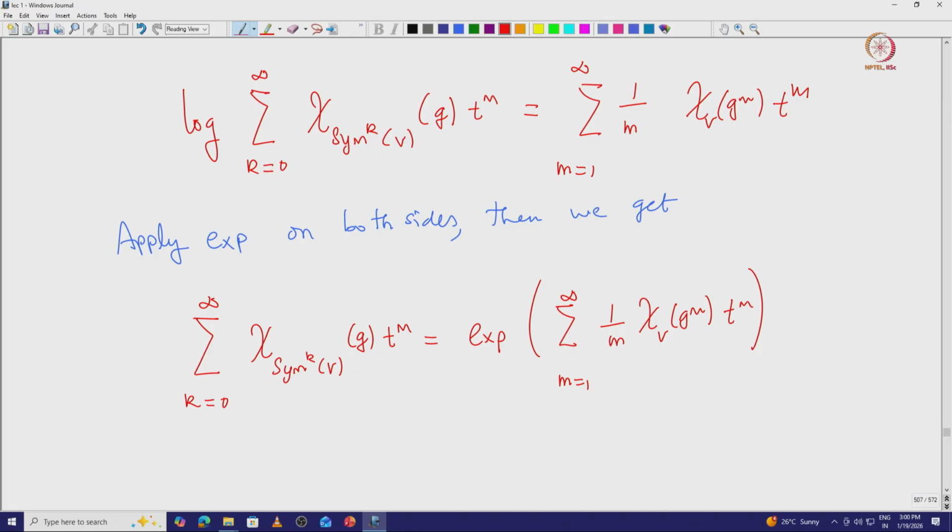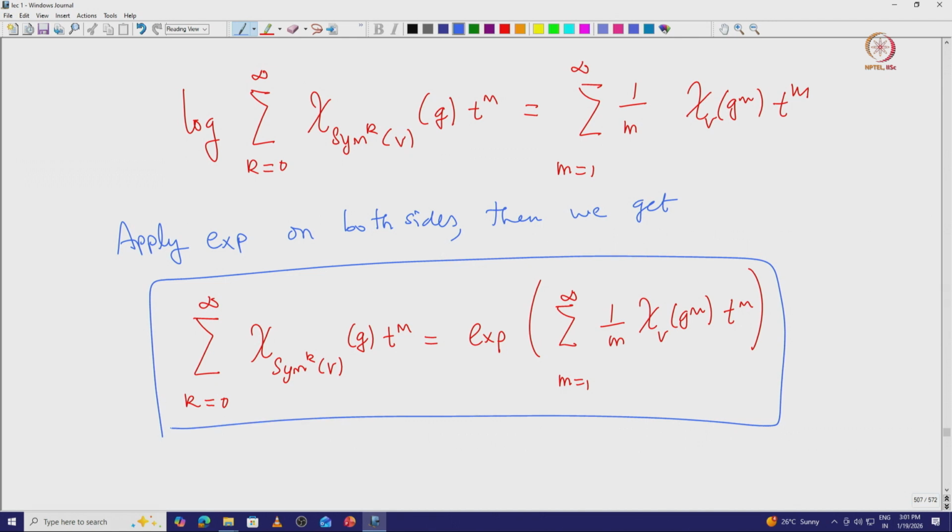And if you think about it, it is a very powerful identity, and this we have written actually in one go for all possible characters of the symmetric power Sym^k of V. So one can read out the character of this Sym^k V using this right hand side. Okay.